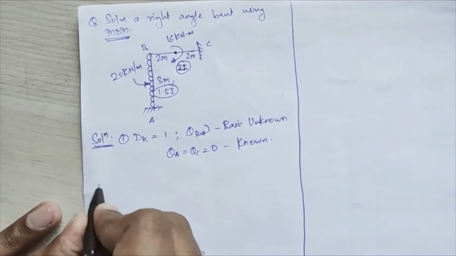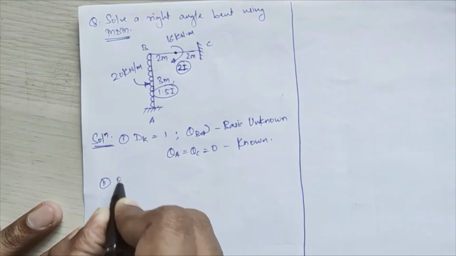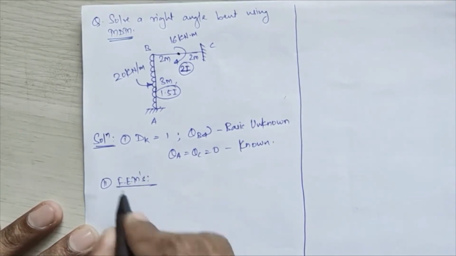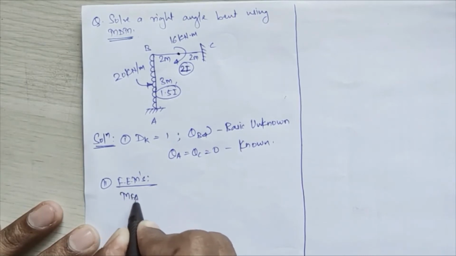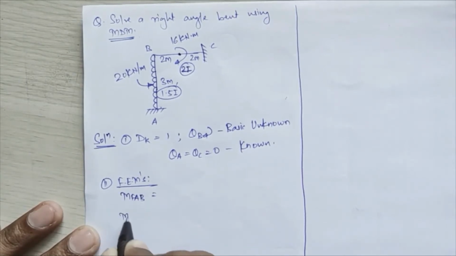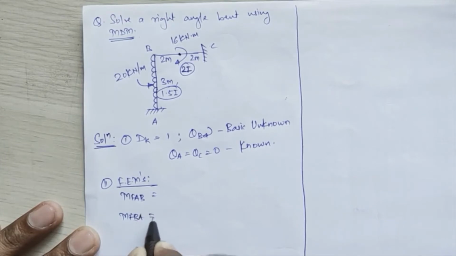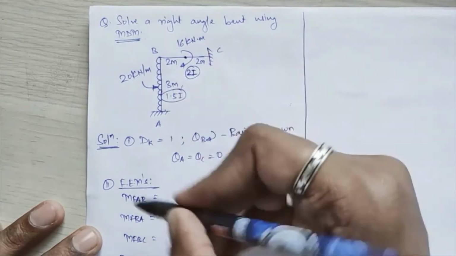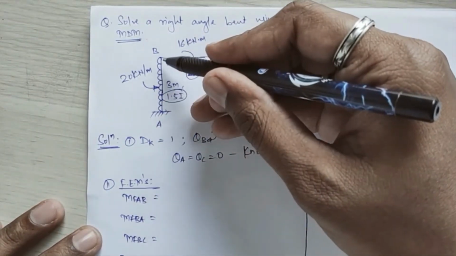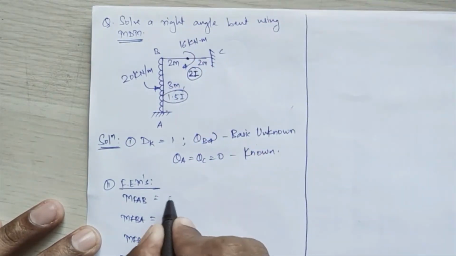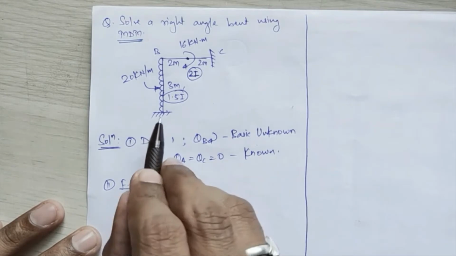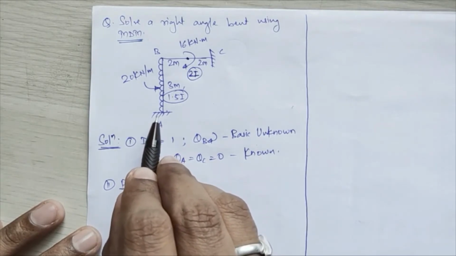Then we'll move to the next step, that is calculation of fixed moments. In calculation of fixed moments, the first member is MF AB, next MF BA, MF BC, and MF CB. In AB member, a UDL is provided throughout the length. So this fixed moment comes equal to minus WL square by 12. Minus, because the restoring moment here will be anti-clockwise in nature.